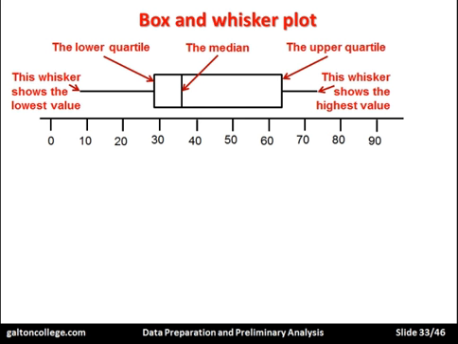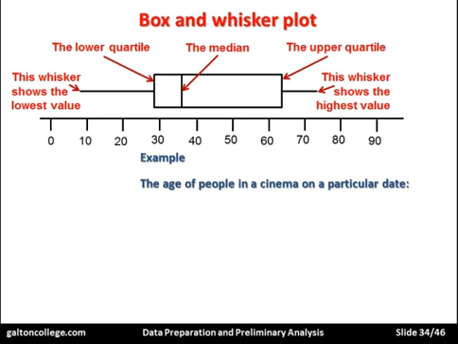Now let's have a look and see how it works. For example, the age of people in a cinema on a particular date, watching a particular film. So the youngest person, let's say, is 8.6 years old. So we'd mark the youngest person, just put the cursor on the screen. That's the youngest person there.